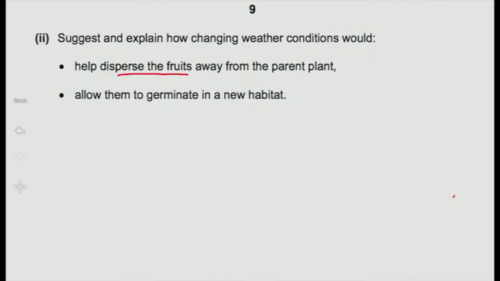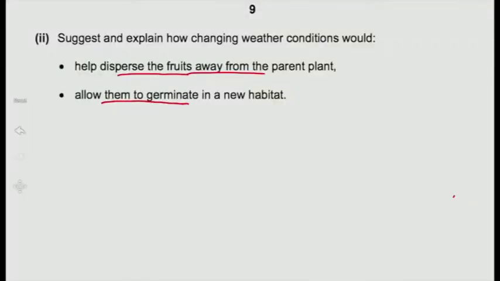Remember dispersal, fruit and seed dispersal. That's when the fruits and seeds are taken far away from the parent plant to avoid competition for sunlight, for water, for nutrients, for space. That is dispersal, fruit and seed dispersal. So here, we are to suggest how these weather conditions, the dry weather conditions and the wet weather conditions, help in dispersing the fruits away from the parent plant. That's the first part of the question.